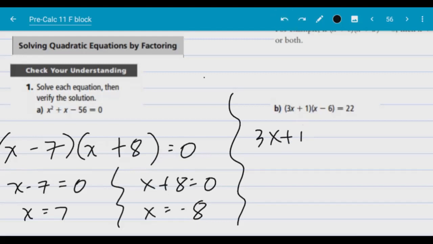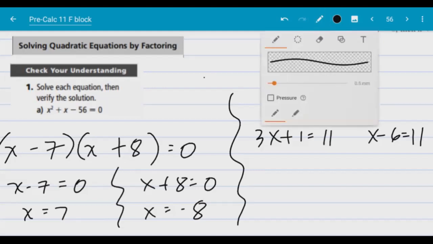So the 3x plus 1 and the x minus 6 are split up and then they would be made equal to not 0, but then that 22 would be split up into two parts, 11 and 11. Now, if in case you would do this in any equation and then it works, that is more of a coincidence. That has no meaning whatsoever. All right. So please don't do that.